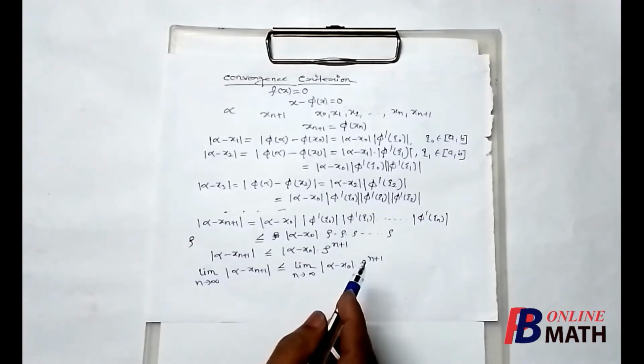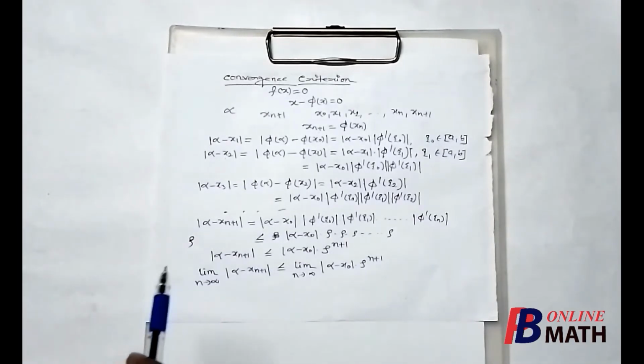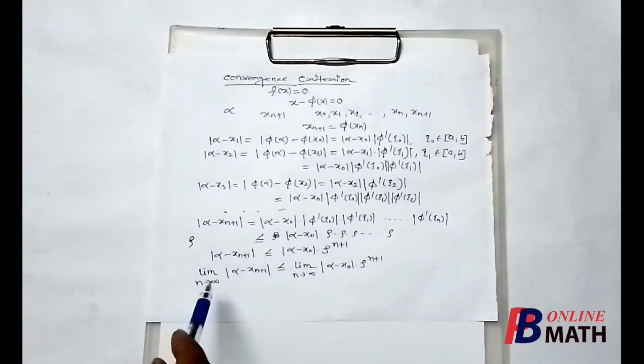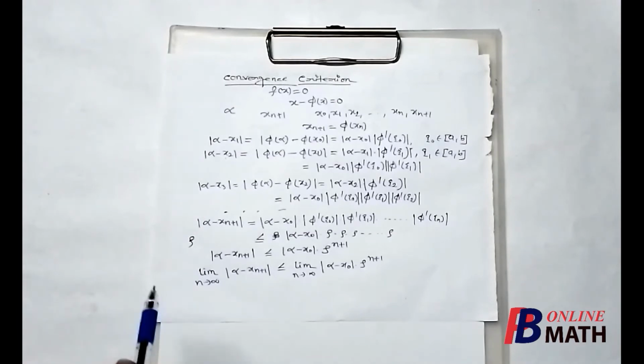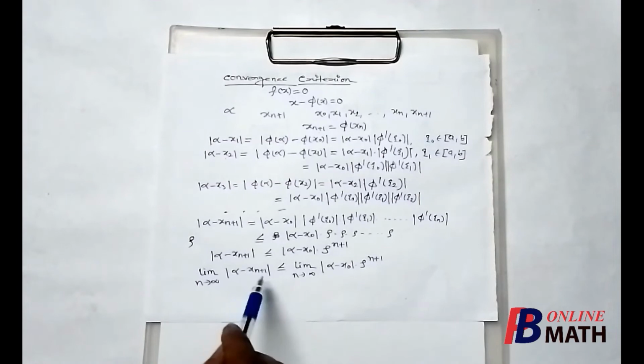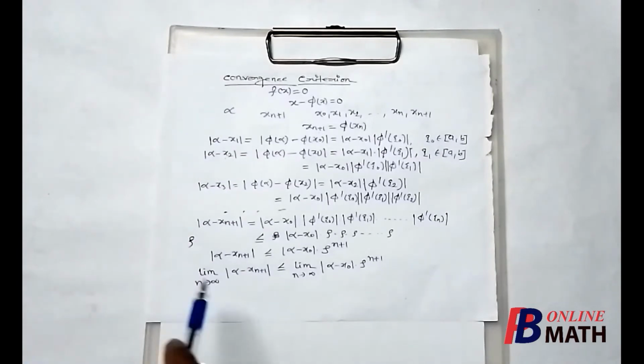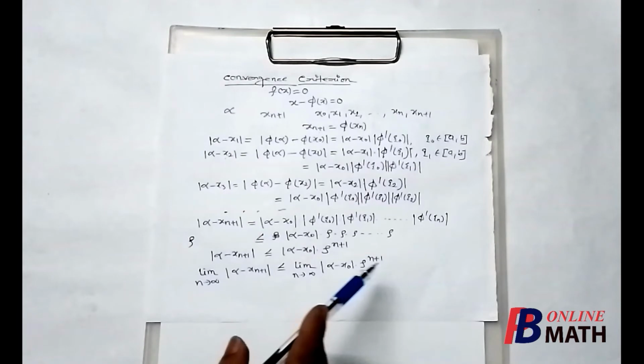Now if the successive approximations xn plus 1 converge to the exact root alpha, then if we take n tends to infinity, this sequence xn plus 1 must converge to the number alpha. So if we take n tends to infinity, then this should tend to 0.